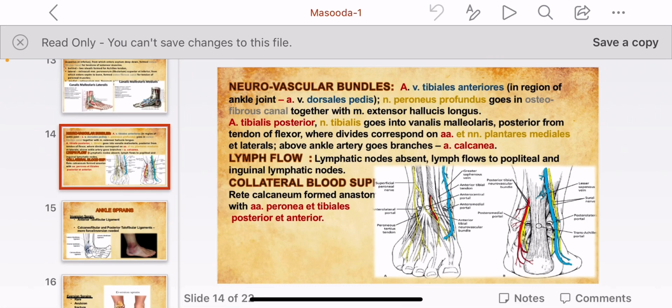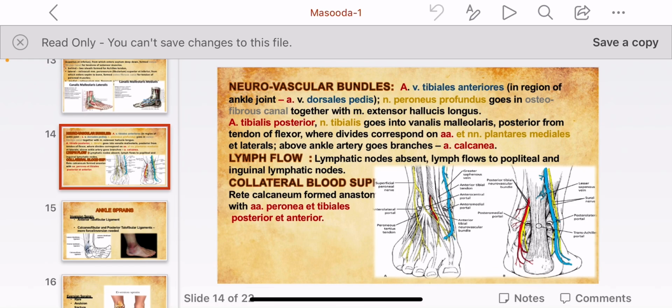Neurovascular bundles: there are artery and vein tibialis anterior in the region of the ankle joint, anterior vein dorsalis pedis, nervus peroneus profundus, which goes in an osteofibrous canal together with musculus extensor hallucis longus.